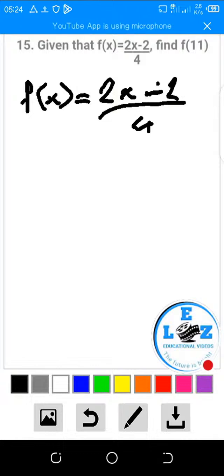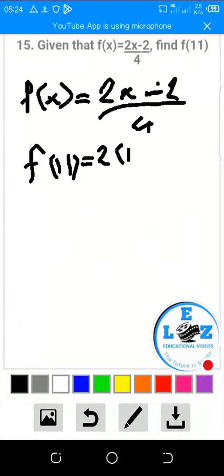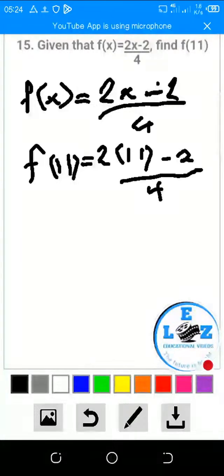Now we are told to find the value of f of 11, so where there is x, we're going to put 11. So we're going to say 2 open bracket 11 close bracket minus 2 over 4.